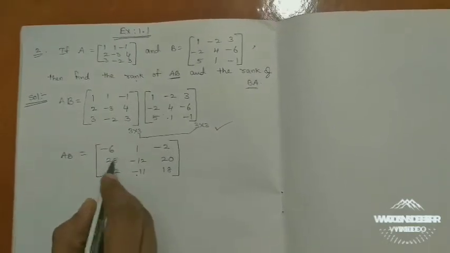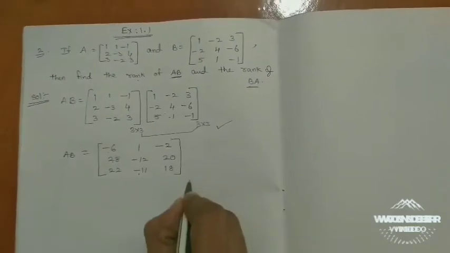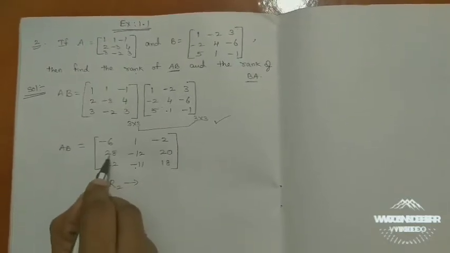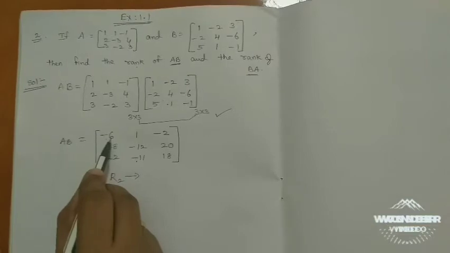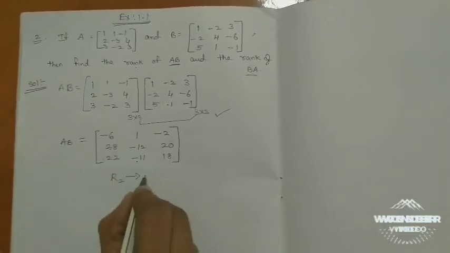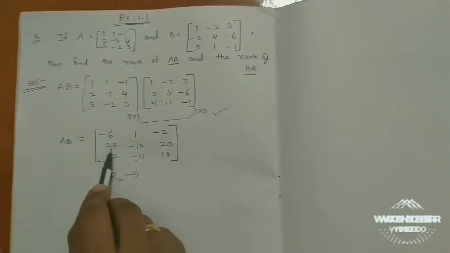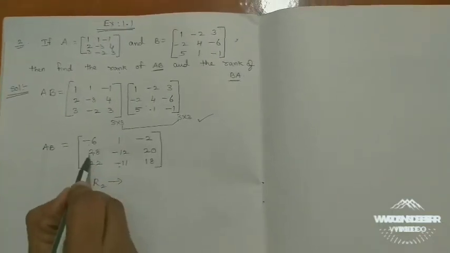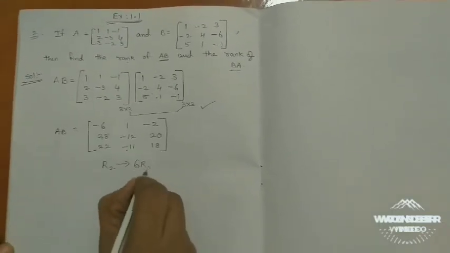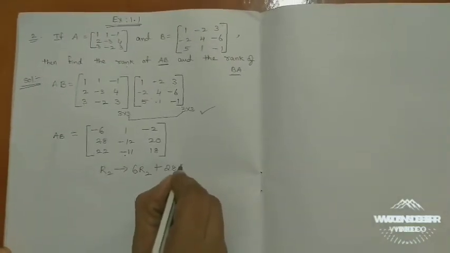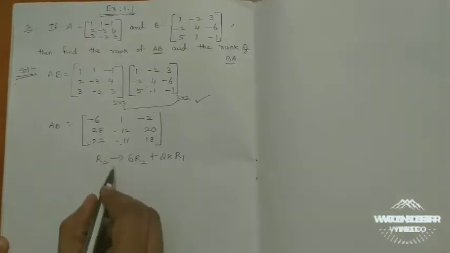So what can I do is, R2 implies, here I have 28, here I have 6. To make this particular number 0, I can multiply by 6: 6 times R2 plus 28 times R1. Why?